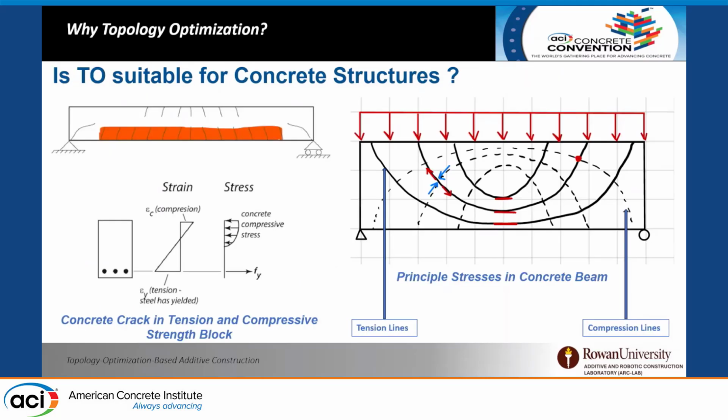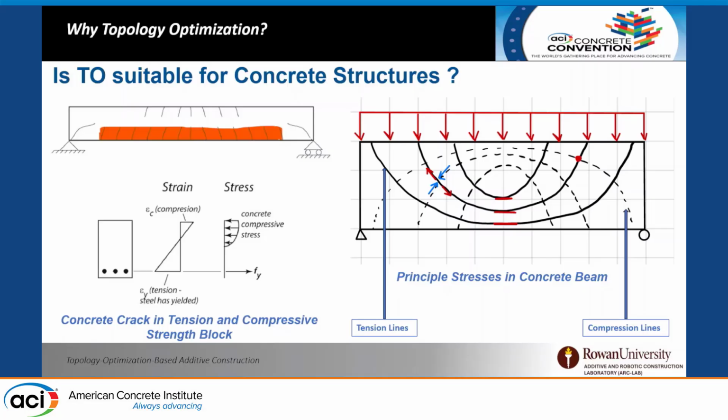So is topology optimization actually suitable for concrete? As we know, concrete cracks in tension, which the reinforcement carries. So if you can see here on the hand drawing on the right, we have our compression lines and our tension lines.